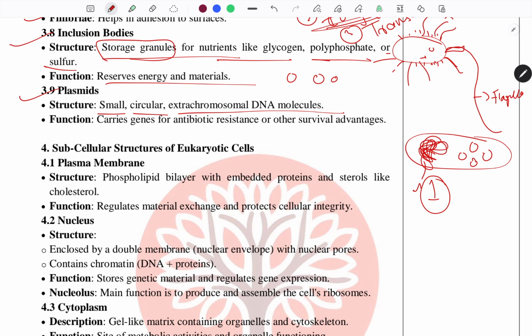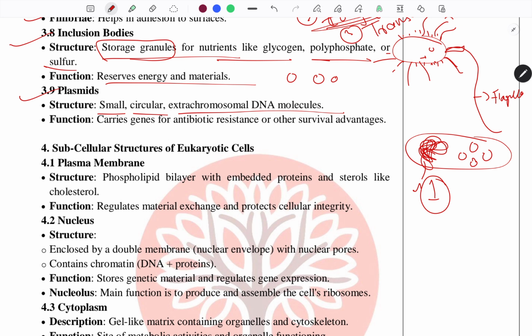In some prokaryotic cells there are no plasmids present, but in some bacteria you can see up to 100 plasmids, and in other cells only 10. So depending upon the type of the bacteria and its requirement, the number of plasmids will vary.